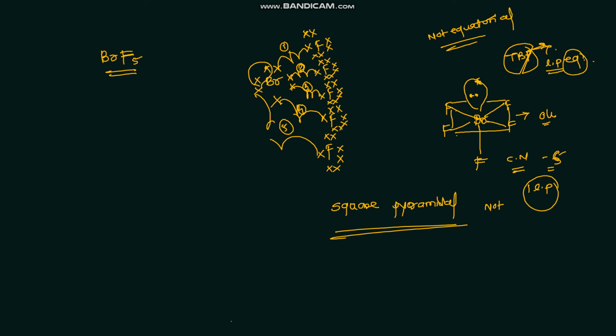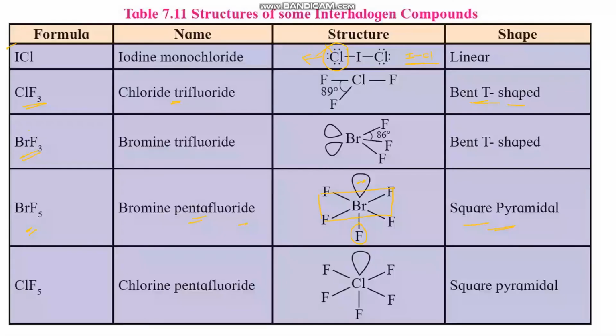If other structures are present, then the lone pair is at the axial position. For determination of shape, the lone pair is not considered. Only consider these 4. These 4 fluorines are called square, and this axial fluorine is called pyramidal, therefore the shape is square pyramidal. Now we can see the next example.